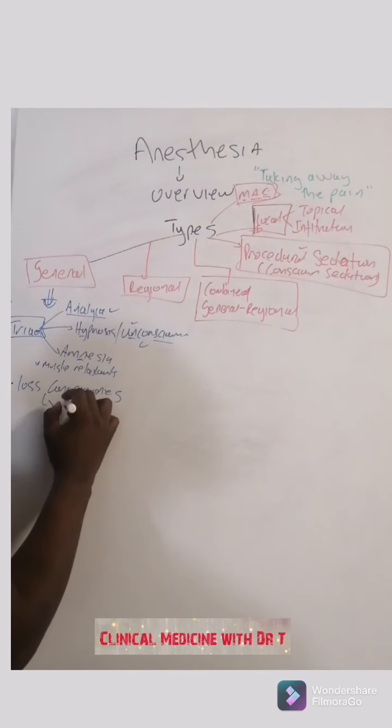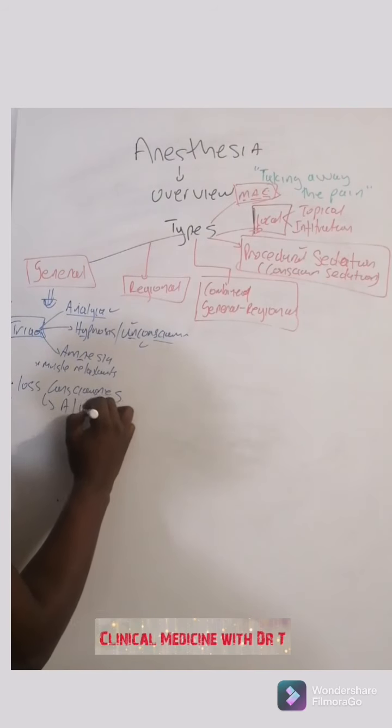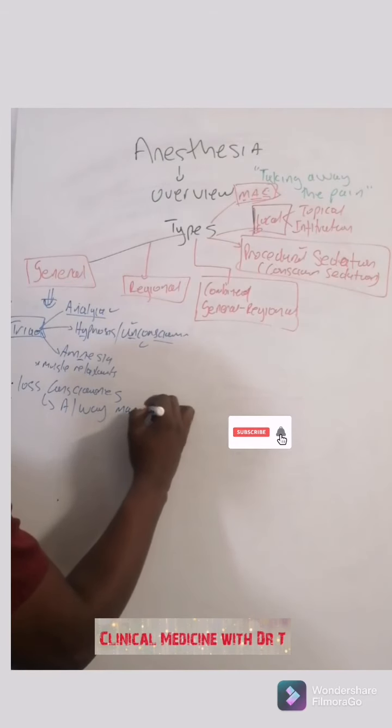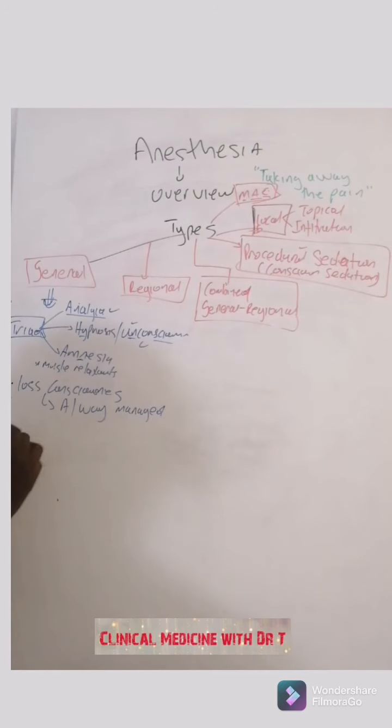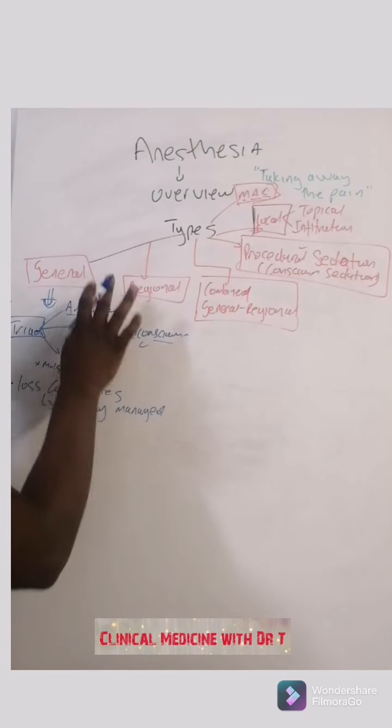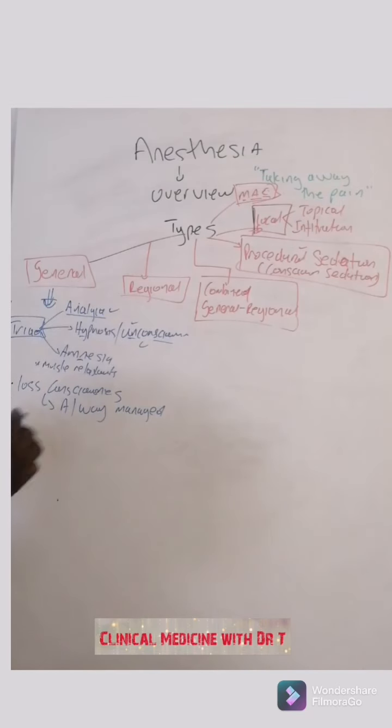And because of that, the airway has got to be managed. And this on its own is complex. And then drugs that give them amnesia and analgesia, all those things must be given.